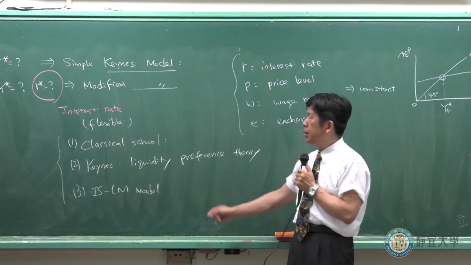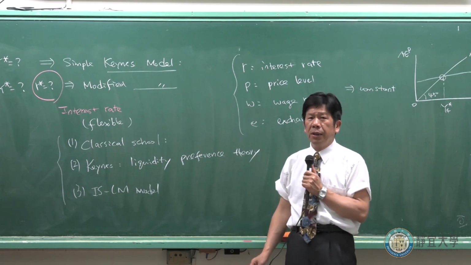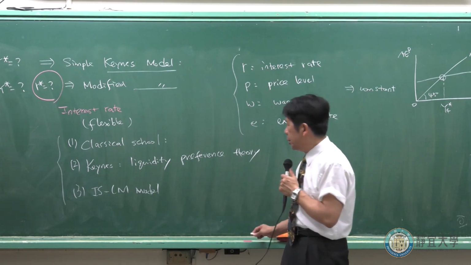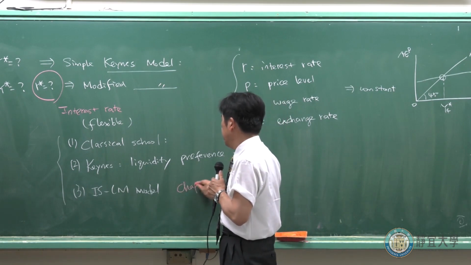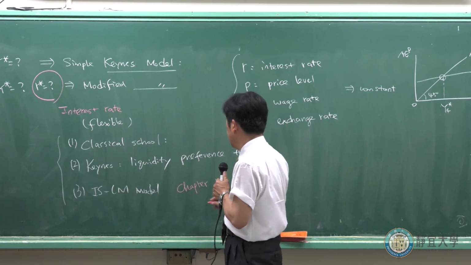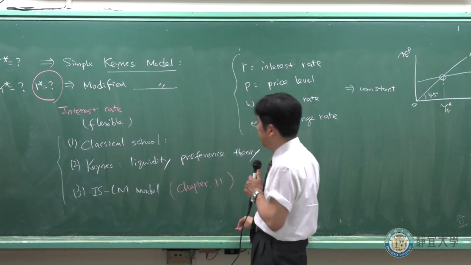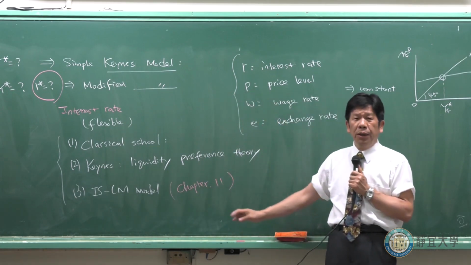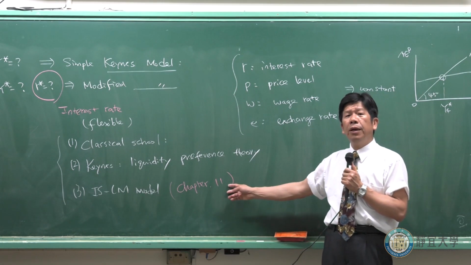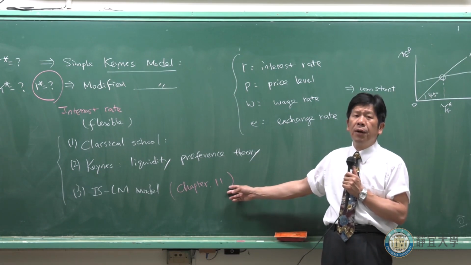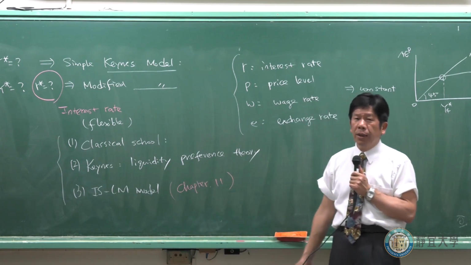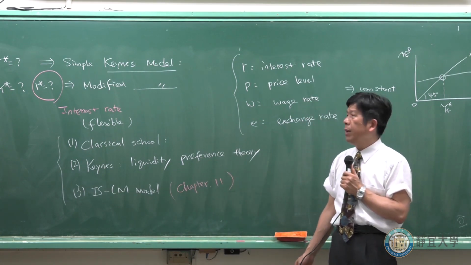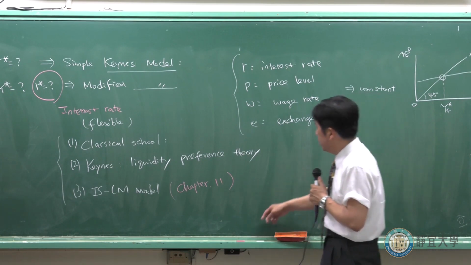So when you study the book, you can understand. In particular, if you check our textbook, this is chapter 11. You can go to the e-learning and find the PPT. From the PPT, you can check the IS and LM model.